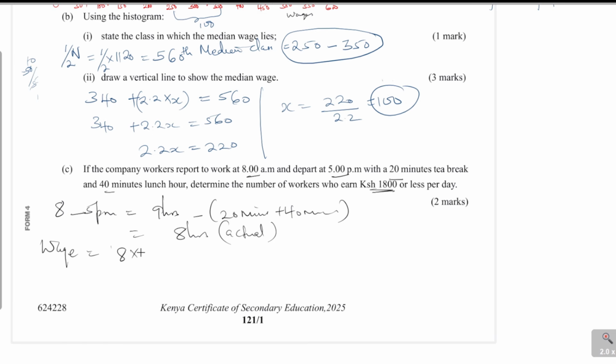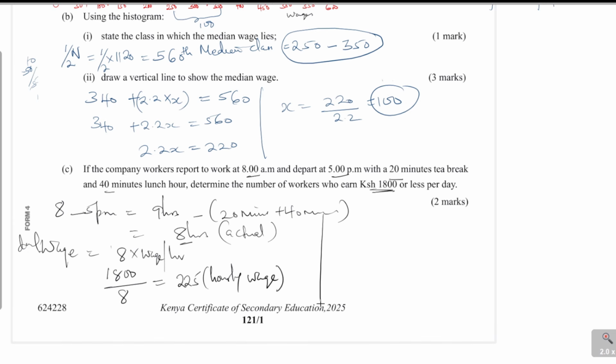Taking 1,800, the amount paid, divided by 8, the hourly wage will be 225, because the actual working hours are 8.